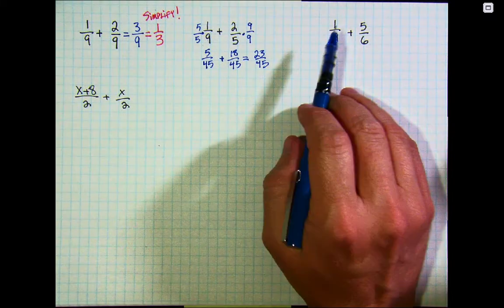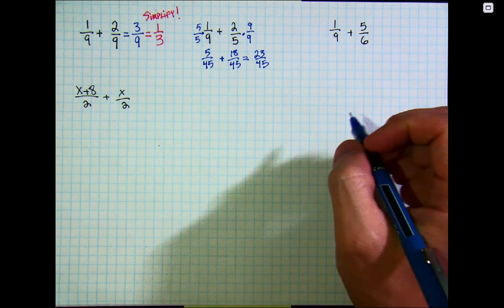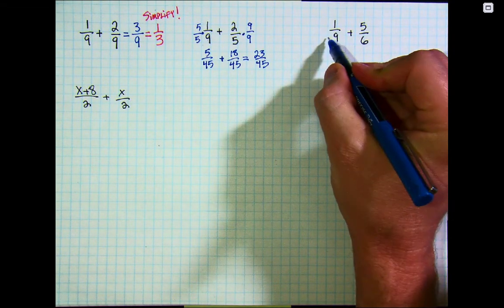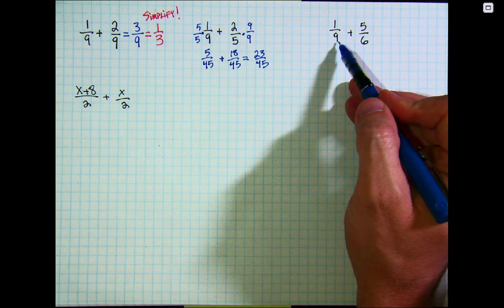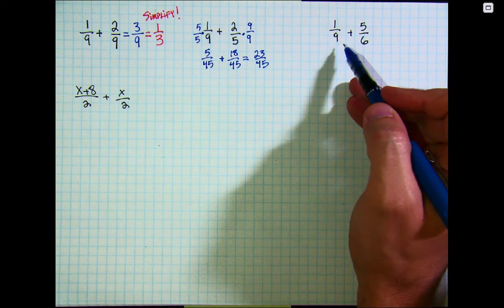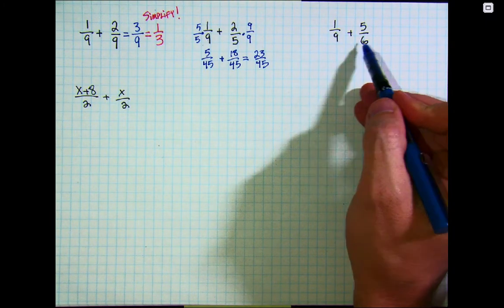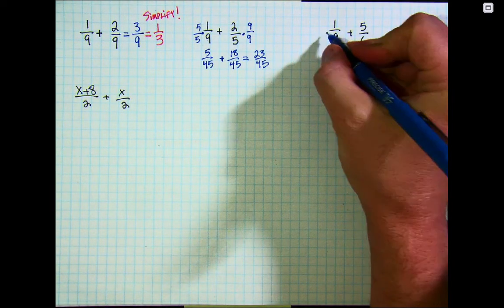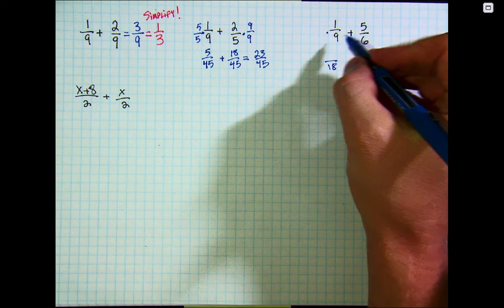What I want to show you as a little more reminder is that you don't always have to multiply this by 9 over 9 and this by 6 over 6. What you can do sometimes is look for what we call the least common multiple. So what's the least common multiple of 6 and 9? It's not 54. It's actually just 18. So if I want to turn this into 18ths, I don't have to multiply by 6 over 6.